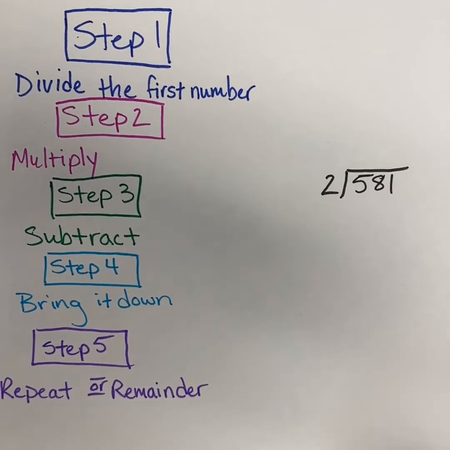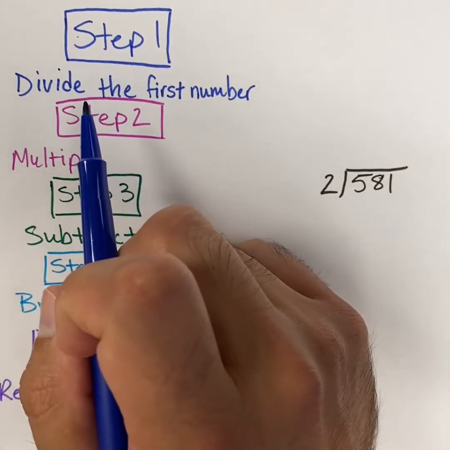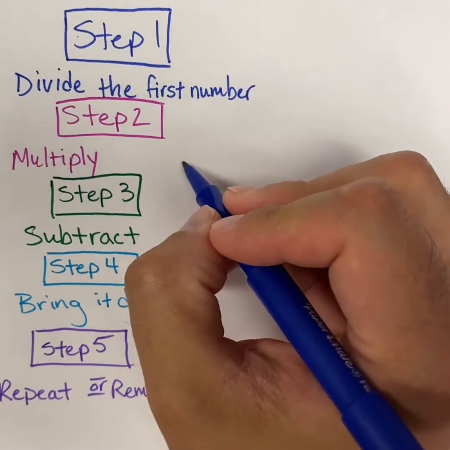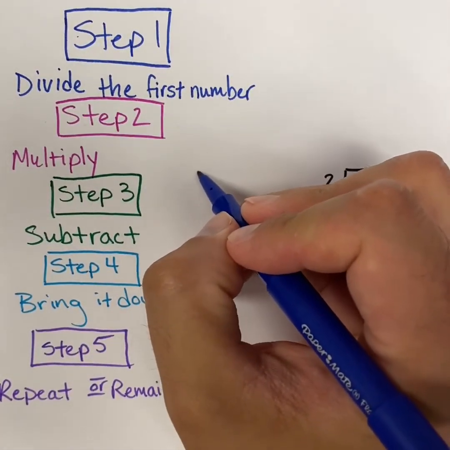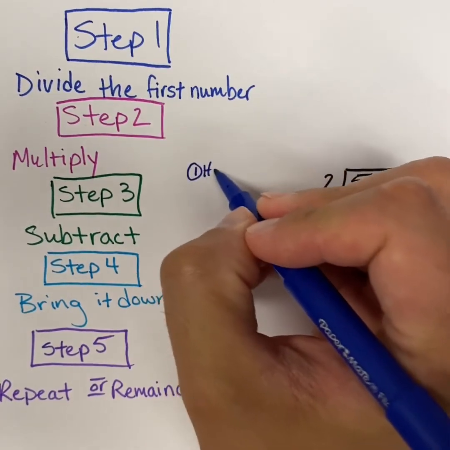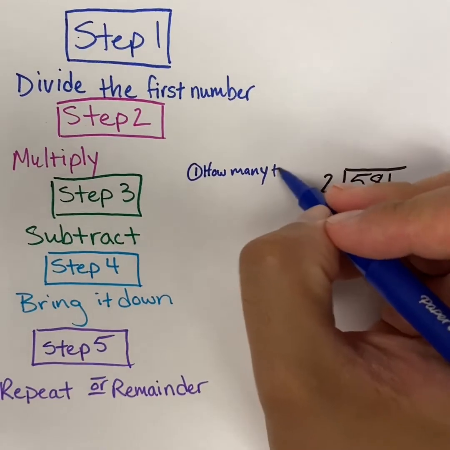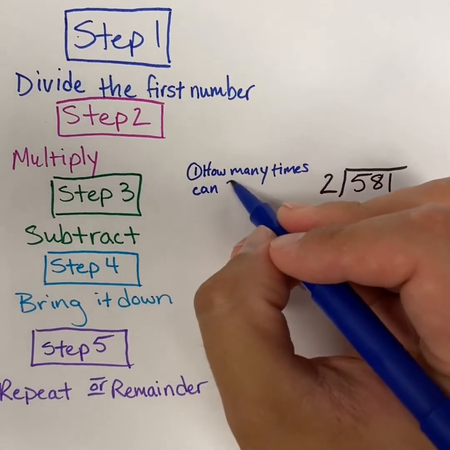So let's go ahead and look at our first step when we're doing the U.S. traditional long division. The first step here is divide the first number. So the question that we're really going to ask in step 1, I'm just going to write this here next to it, is: how many times can 2 go into 5?